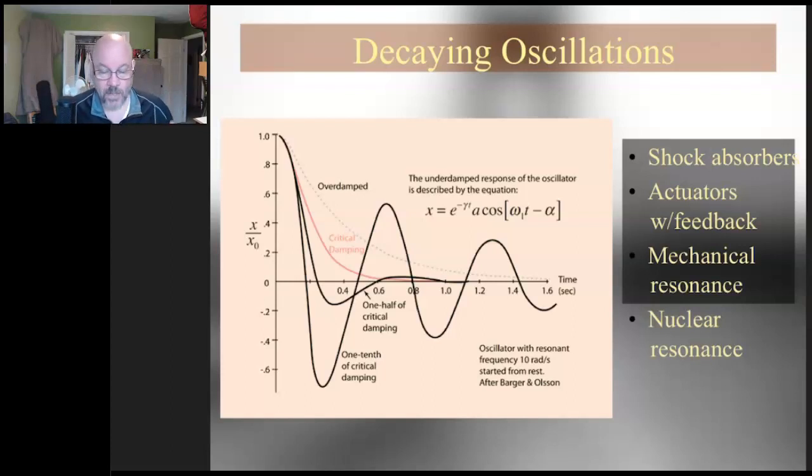So in the video, he correctly talked about these categories: an overdamped system, a critically damped system, and the one that's not labeled on here, the underdamped system.